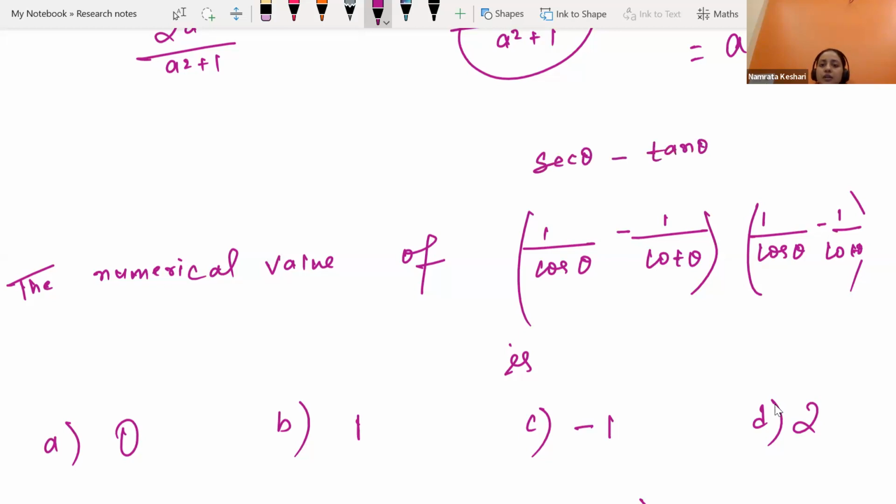So we can also write it as sec theta minus tan theta. So basically it became sec theta minus tan theta whole square. And the formula identity is sec square theta minus tan square theta, that is one.